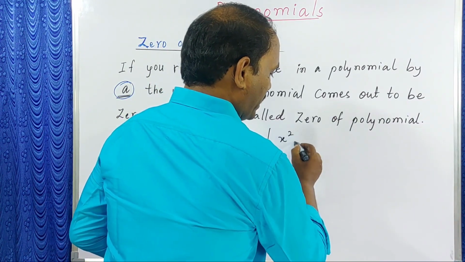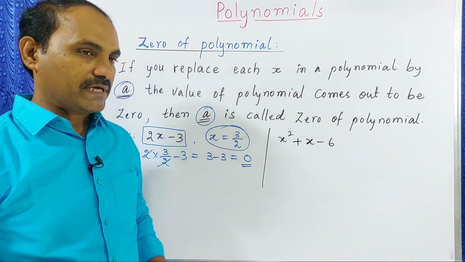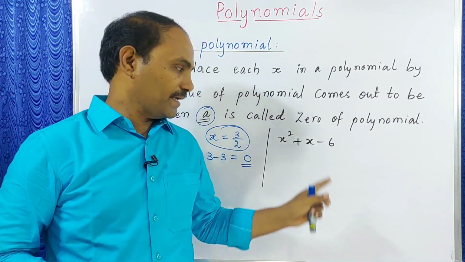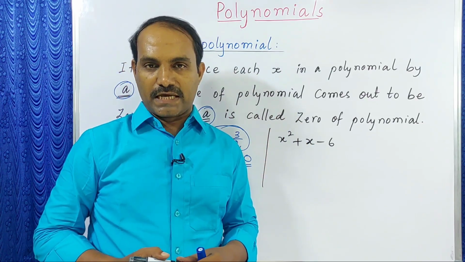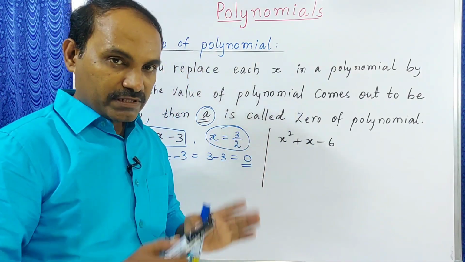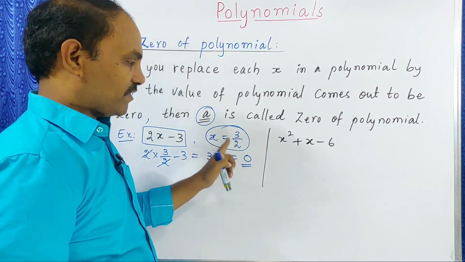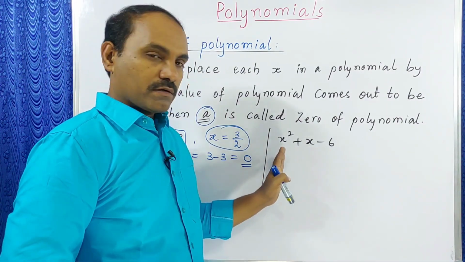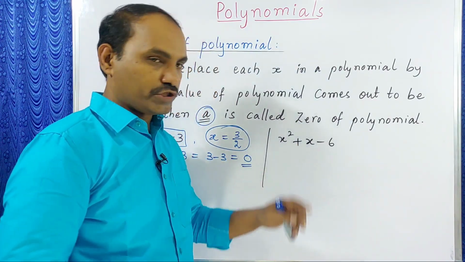x square plus x minus 6. This one is a trinomial, and the highest degree is 2, so 2 zeros are there. Remember one thing: a linear polynomial has degree 1, that's why 1 zero is there. A quadratic polynomial has degree 2, that's why 2 zeros are there.